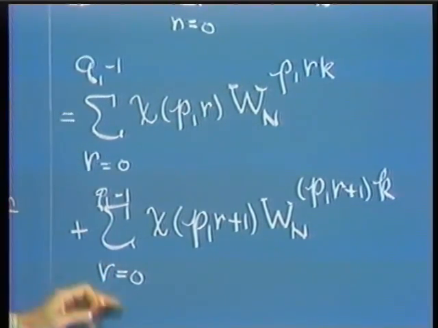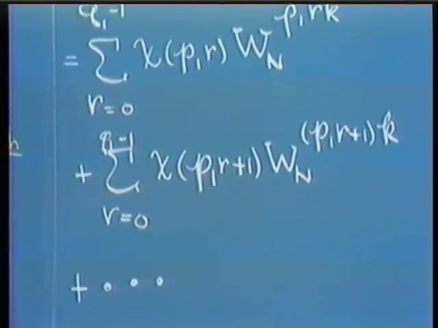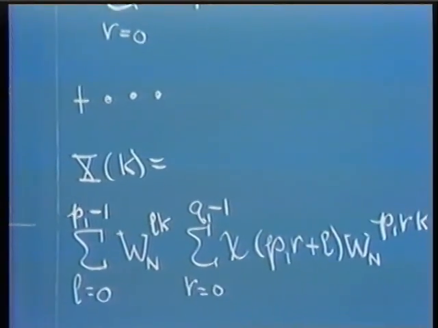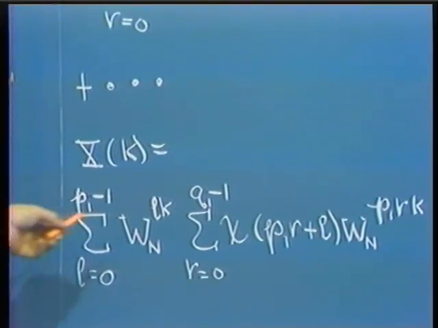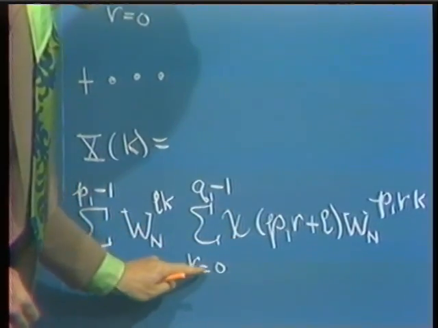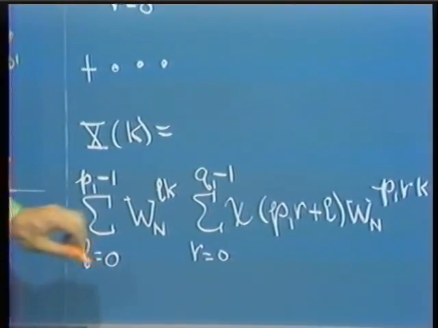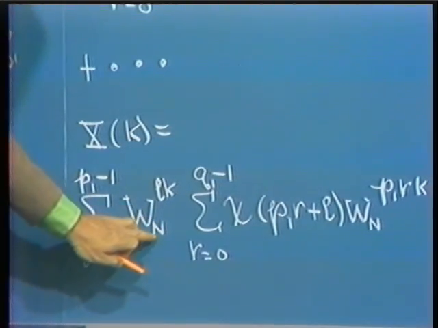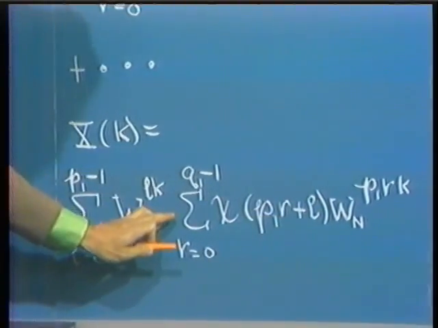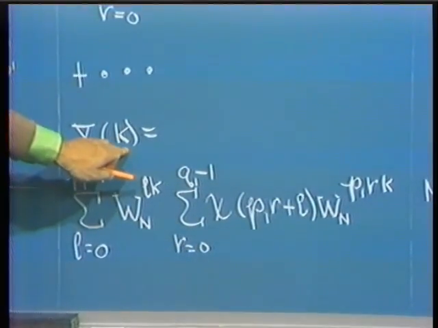Or when we combine these together, then, we can express x of k, the DFT, as a double sum where we have the terms involving the separate subsequences and then the multiplication by a power of w to combine the computation on these subsequences together to obtain the DFT.